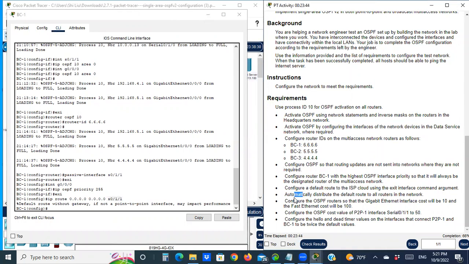Next is automatically distribute the default route to all routers in the network. Okay, so first we configured the default route on BC1. The next question is about propagating the default route to all other routers.